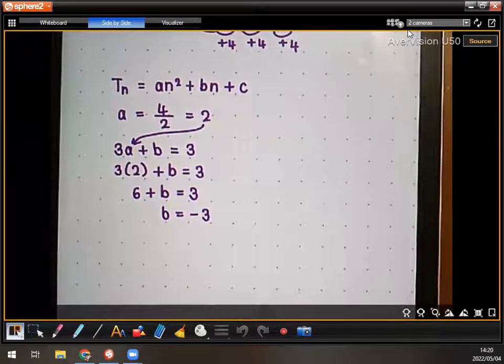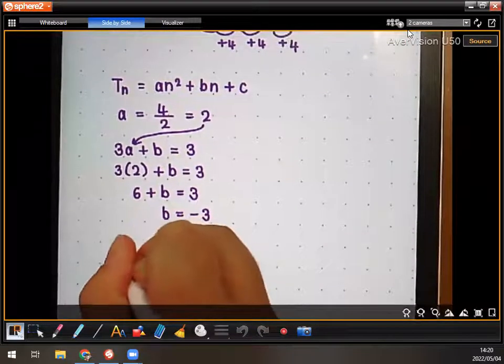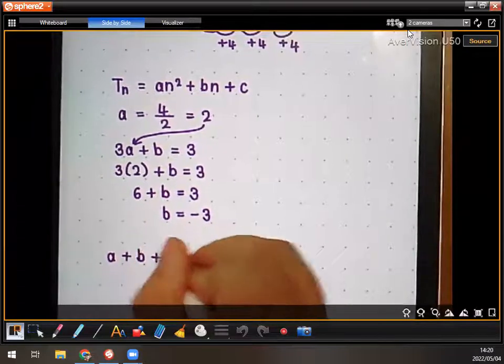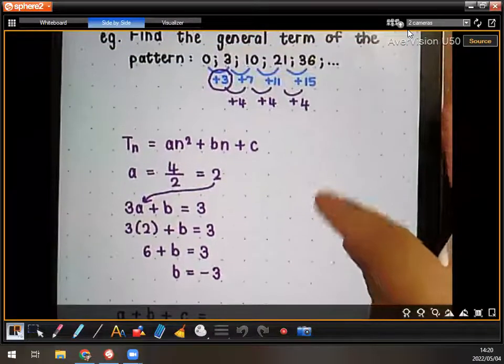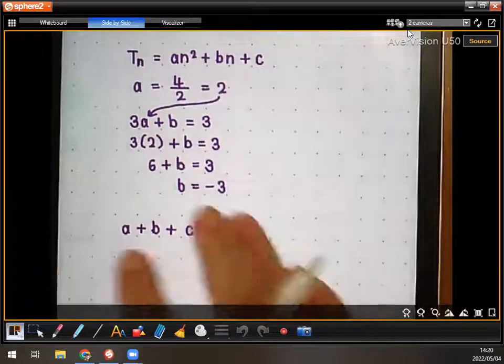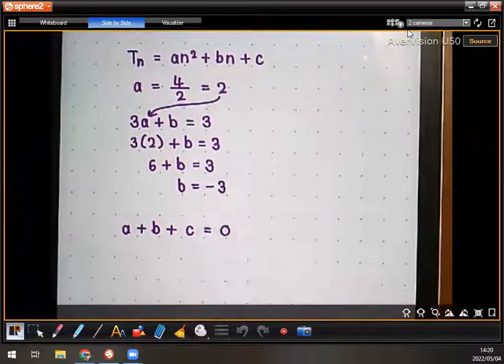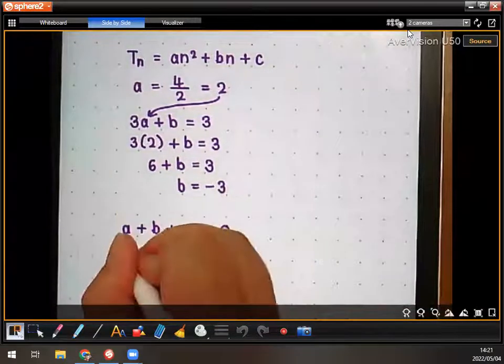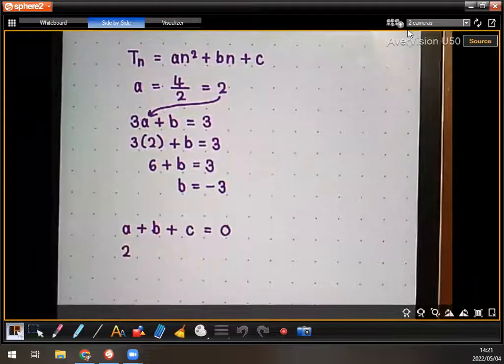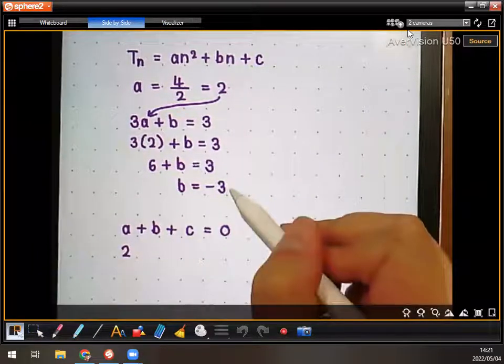We just need to still find C. The third formula was A plus B plus C is equal to term 1 of your number pattern, which is 0. So A plus B plus C is 0. But guys, we've already found the value of A. It's 2. So I'm going to put that in my formula now. And I've already found the value of B. It's -3.